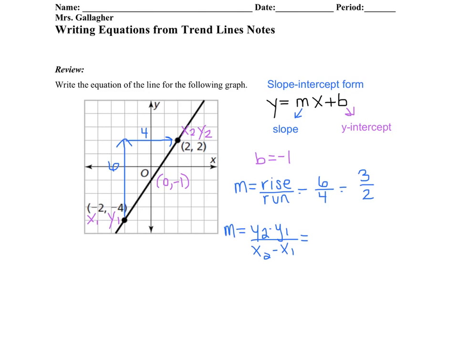So our y2 is 2, minus our y1, which is -4. Then we have our x2, which is 2, minus our x1, which is -2.